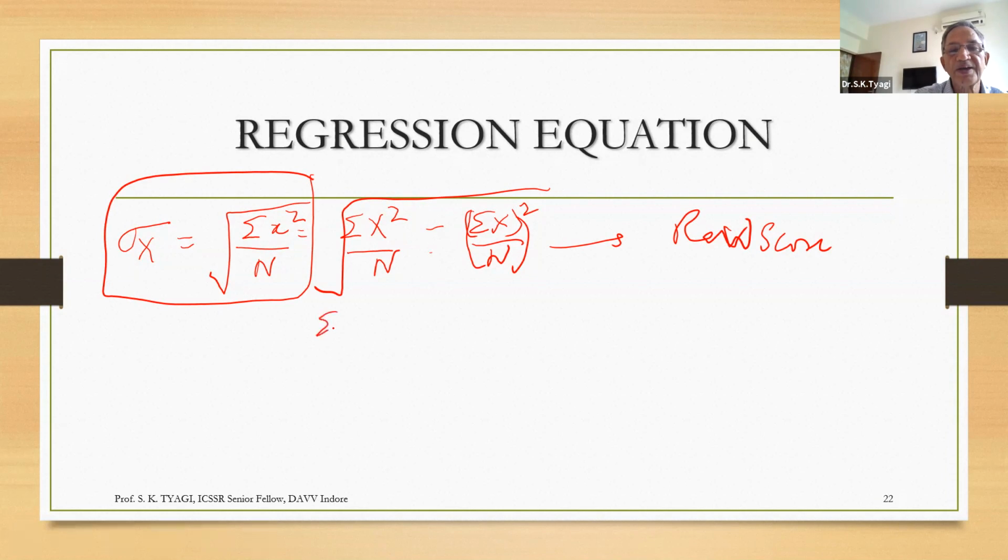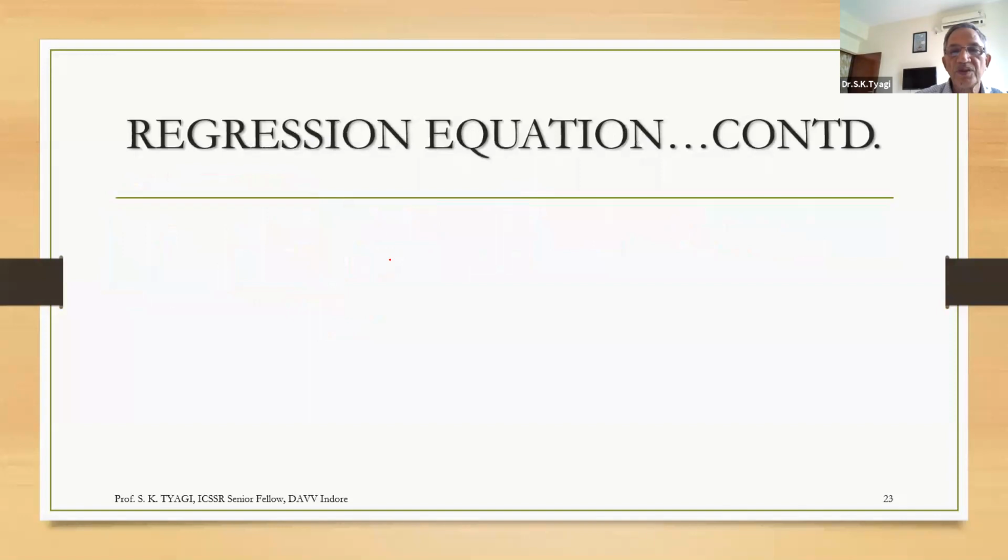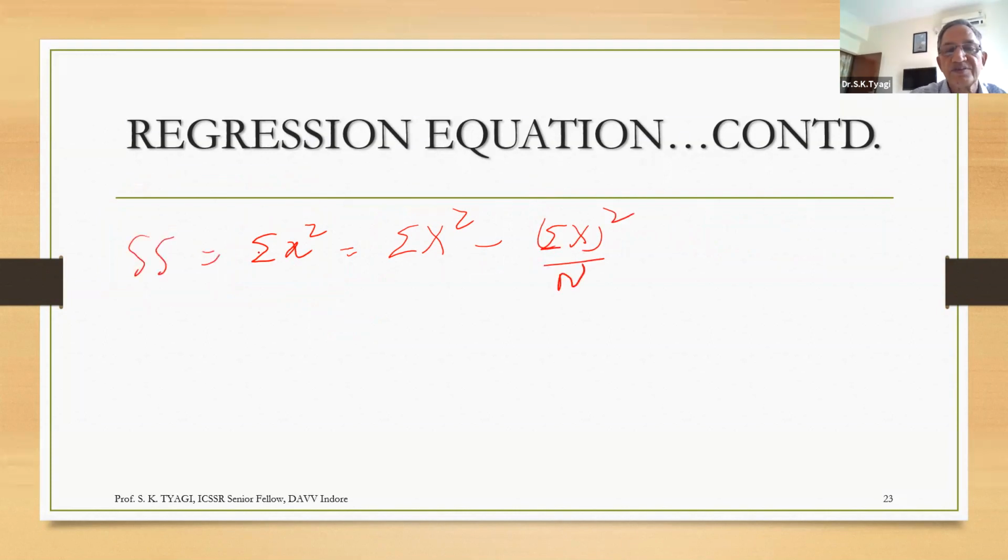Now sigma x square is nothing but SS, and what I am insisting is that it is the sum of x square minus something, sigma x whole square upon n. SSX is nothing but this one. This is the sum of squares minus what is known as the correction term, CX.